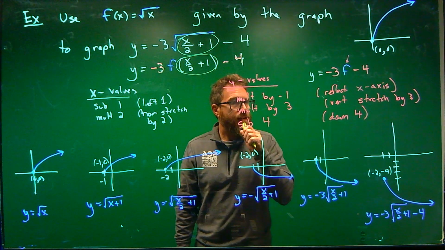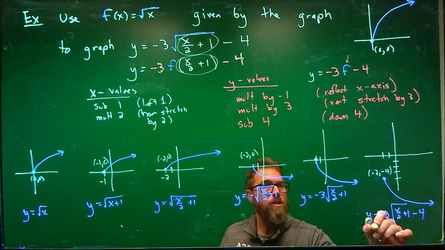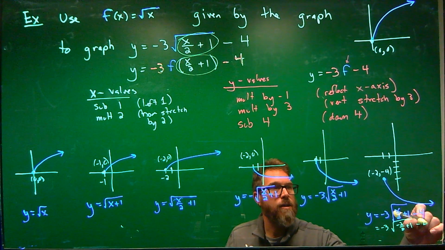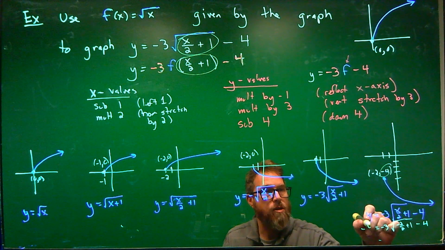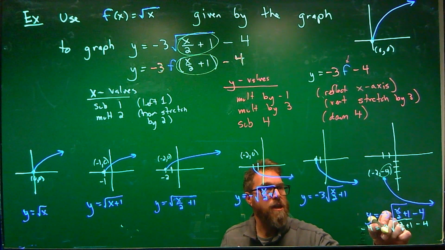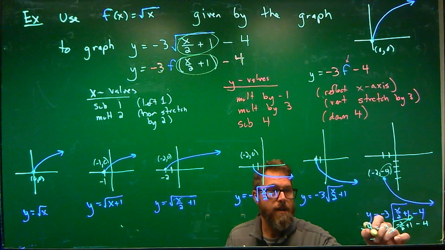So if I plug in -2, let's just make sure that that works. So this is going to be minus 3 square root of -2 over 2 plus 1, minus 4. I need to make sure that this spits out this coordinate, so this should be y is equal to that. So simplifying, this is still going to be equal to 0, and -3 times 0 is 0. So this is going to be -4 is equal to -4.